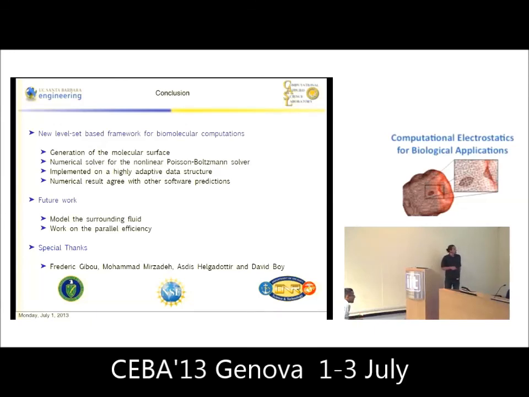And now, for the next steps, our future work, I think we want to try to couple our Poisson-Boltzmann solver with other solvers. For example, it would be interesting to be able to model the surrounding fluid and maybe study the coupling between the fluid flow outside of the molecule and the molecule.